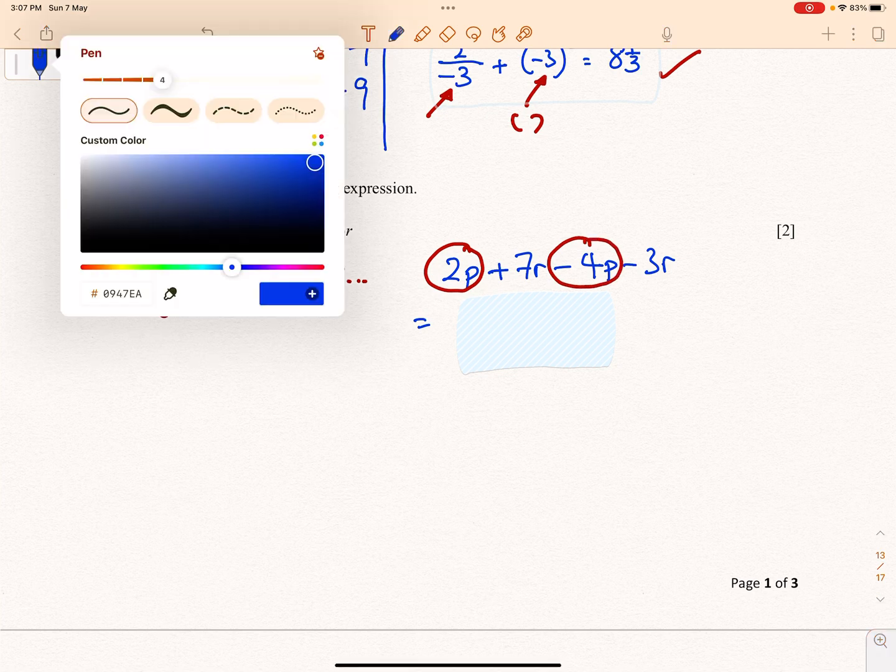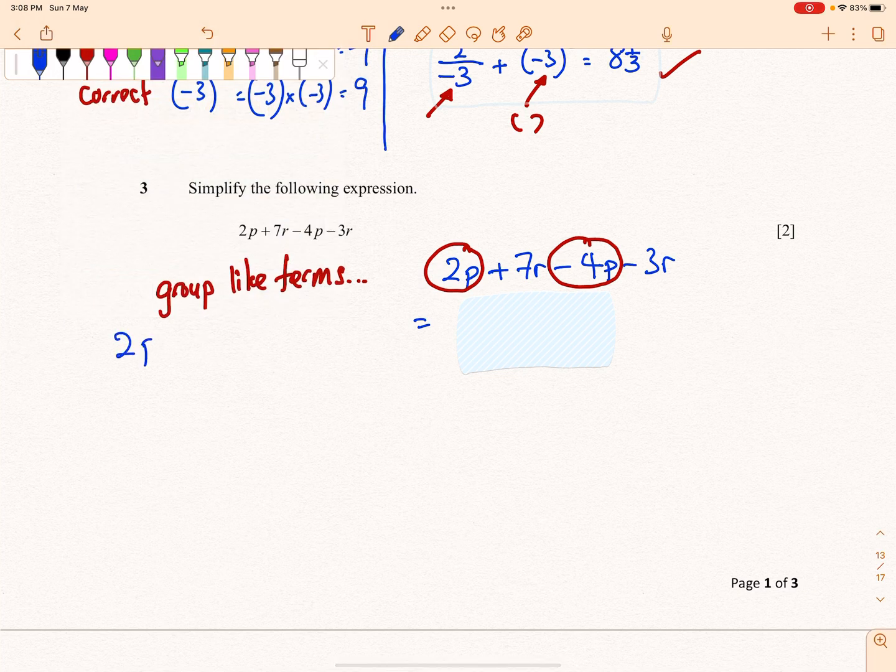If I want to understand 2p minus 4p, in your calculator it is something like 2 minus 4. If you press your calculator, you will get negative 2.